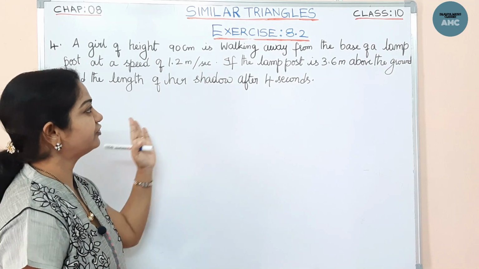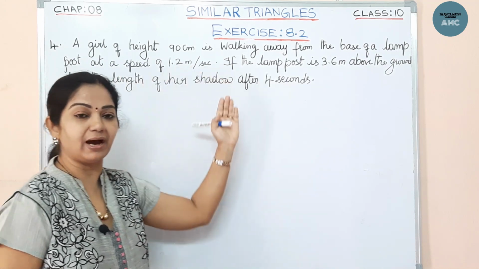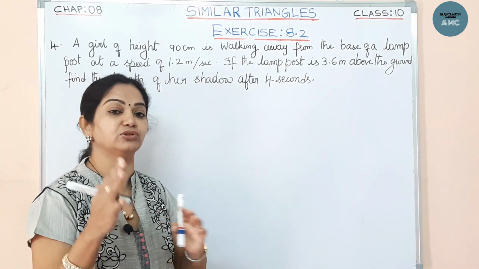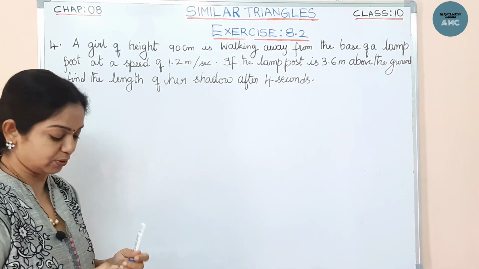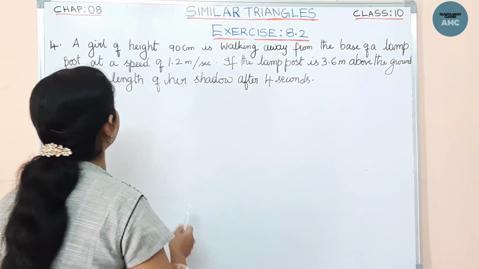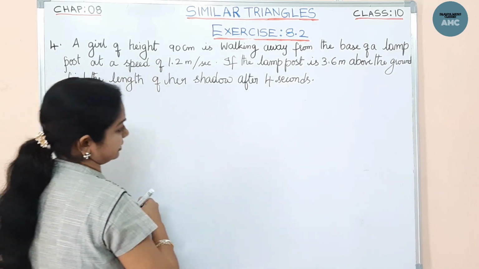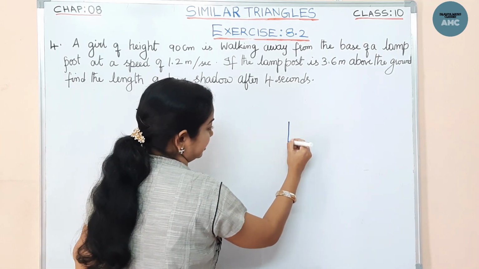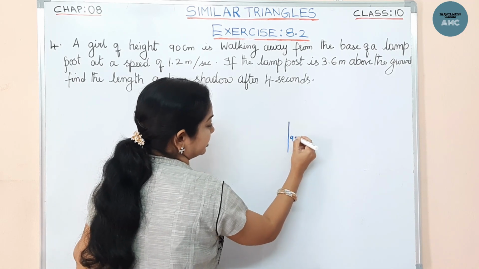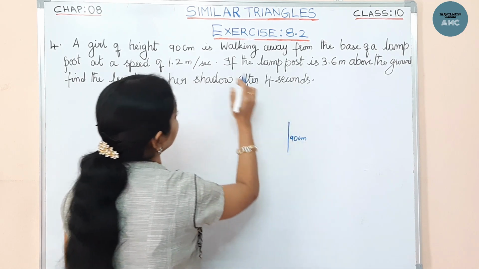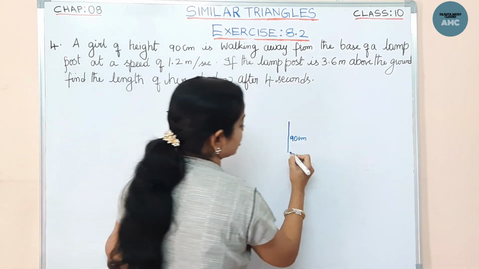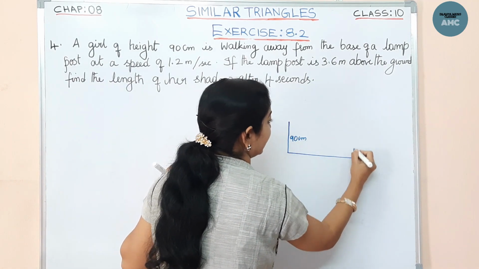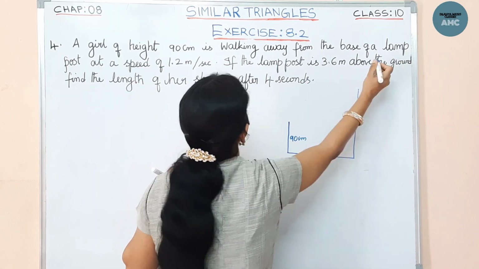And here, first, from this verbal part, we have to convert this into a diagram. So, we need to understand the question importantly. Now, here the diagram is, the girl is of height 90 centimeters. Let me take the girl here. She is of 90 centimeters. What is she doing? She is walking away from the base of a lamp post. So, let this be a lamp post.